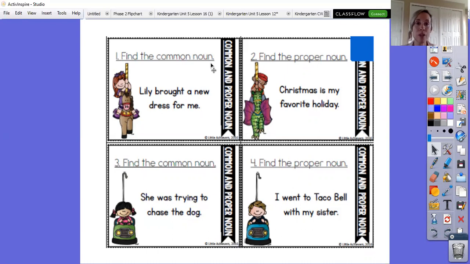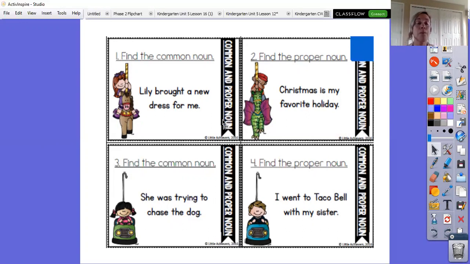Before we even start, let's think about the differences between a common noun and a proper noun. Think of a common noun as just any old noun. It could be girl, boy, restaurant, food, anything. It doesn't have a specific name. It's just a common name for something.